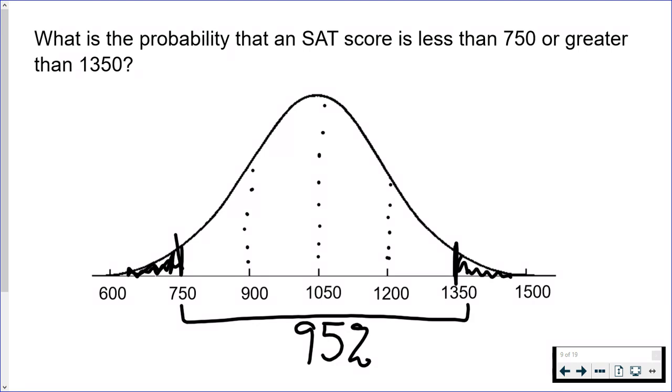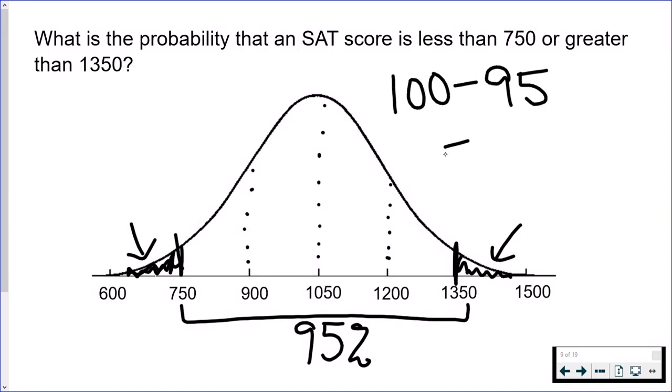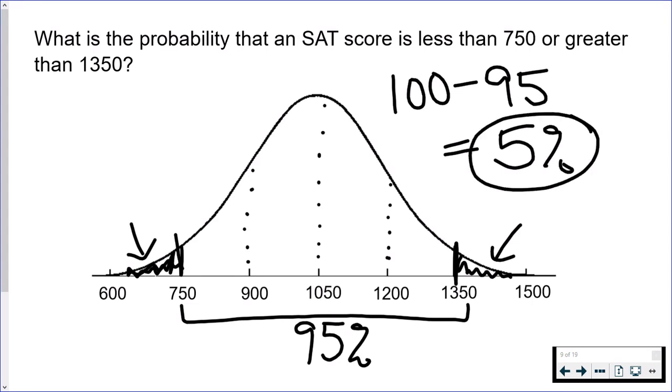I don't want that though. I want this shaded region and I want this shaded region. The entire curve, like I said earlier, is equal to 100% of the data. It's the entire population. So if the portion that I don't want is 95%, that means the portion that I do want must be 5%.